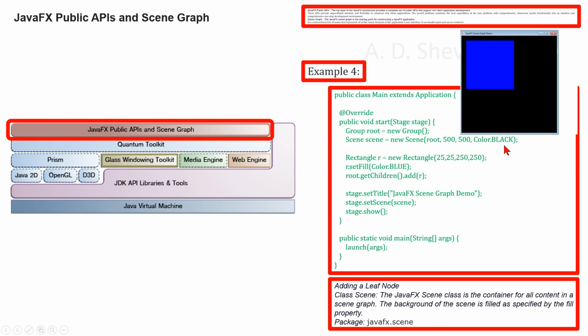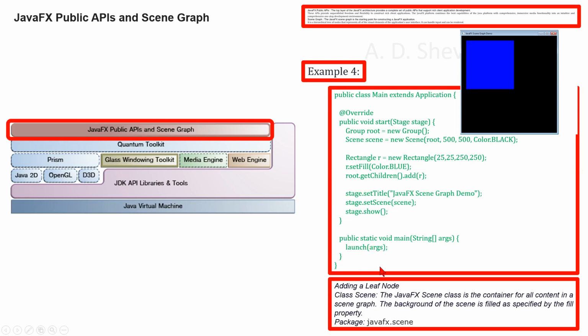The stage title, scene and visibility are all set, the main method invokes the Application.launch method.